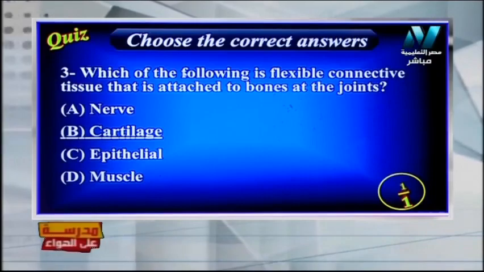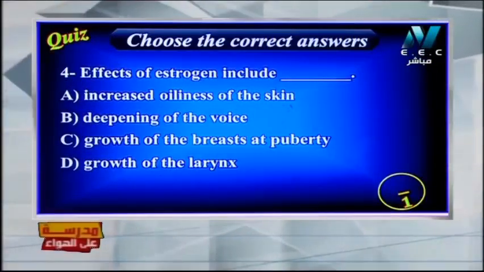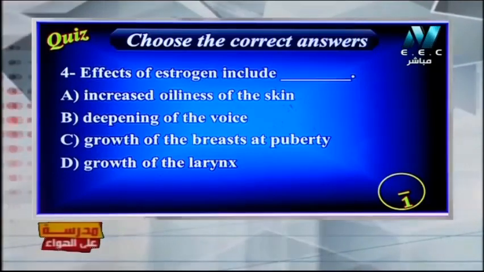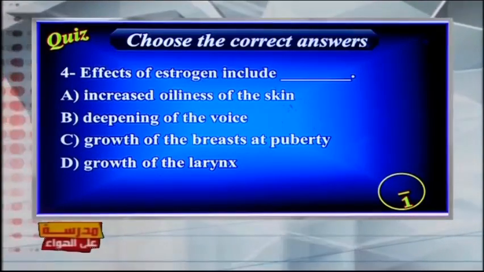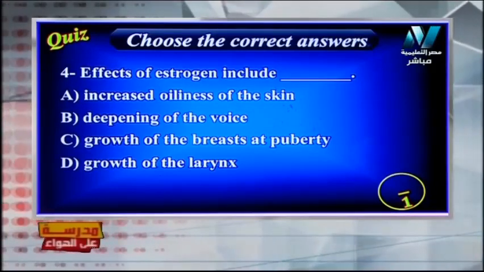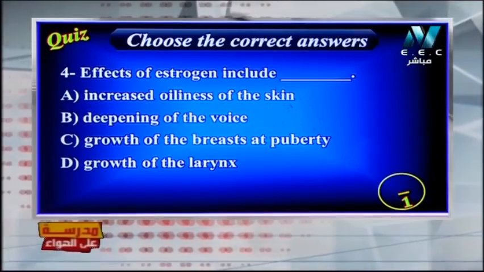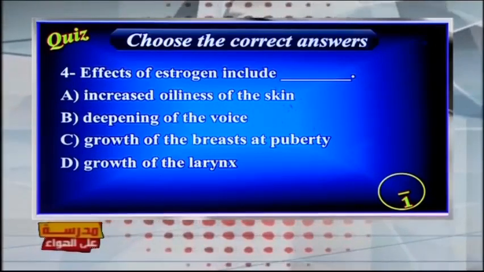Question number 4 says: the effect of estrogen includes dots. Choice A, increased oiliness of the skin. Number B, deepening of the voice. Number C, growth of the breasts at puberty.